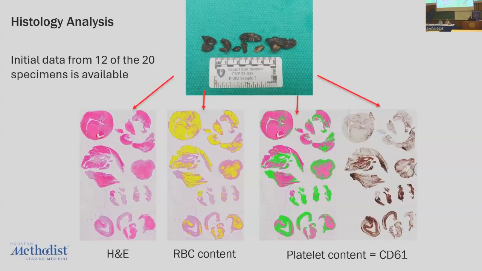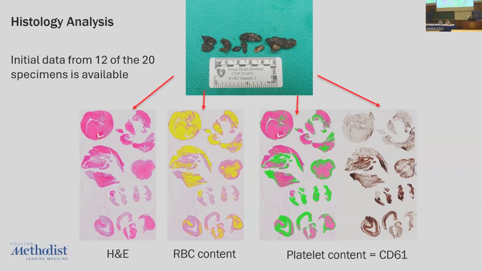We also sent the samples for histology analysis, and different staining methods and immunohistochemical processes were applied to uncover the underlying composition and dominant tissue type like red blood cell, fibrin, platelet, or collagen.